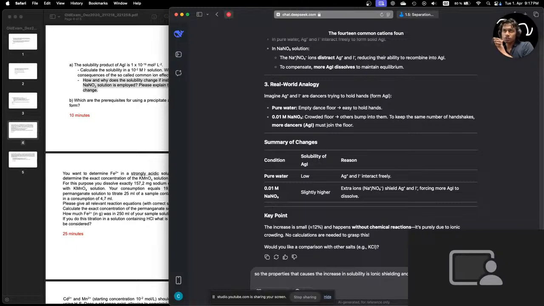So it's ionic shielding, which causes the crowd effect and traps some of the anions and cations that are needed to be in the equilibrium or needed to represent Ksp, which release. So it's ionic shielding and what?